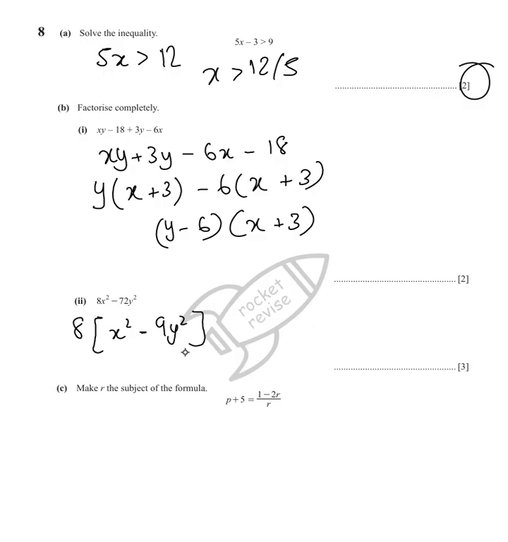Okay, good. So we'll have x squared minus 9y squared. This can be represented as a squared and this can be represented as b squared, which means a will be x and b will be 3y. So we'll get x plus 3y, x minus 3y. But do not forget the 8. Okay?